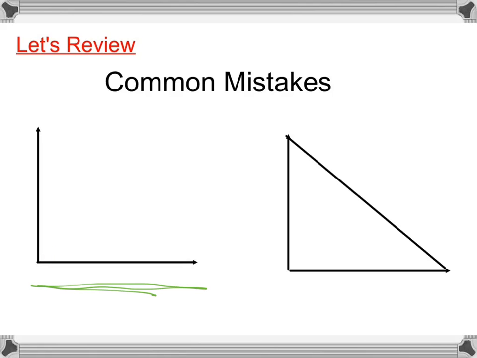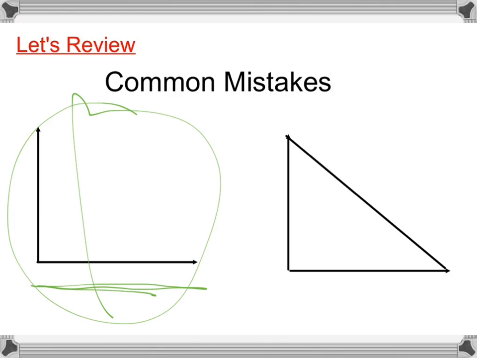I did not draw that little square inside the vertex of that angle. Unless you are specifically told that an angle is a right angle, you cannot assume that that's a right angle. So in our case right here, we were not told, so we cannot assume that this is a right angle.